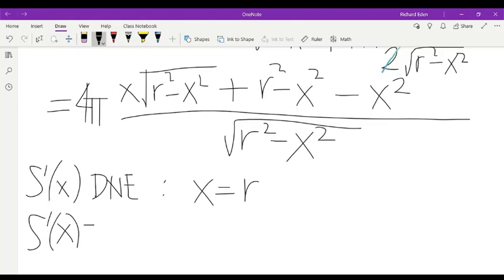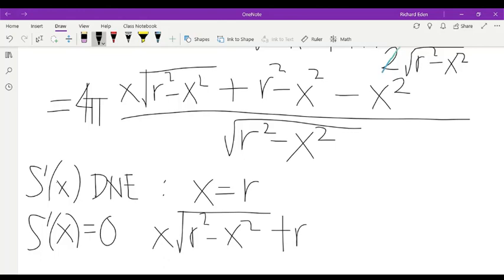And next, when s prime of x is equal to 0, that means this numerator here would have to be 0. So you're looking at the equation x times the square root of r squared minus x squared, plus r squared minus 2x squared, is equal to 0. Then you have to solve for x here.